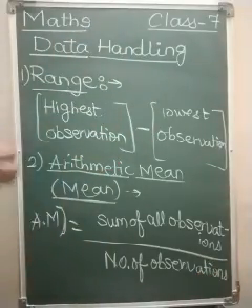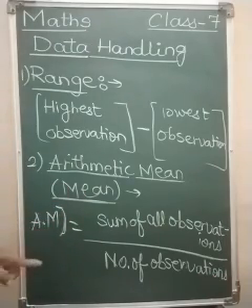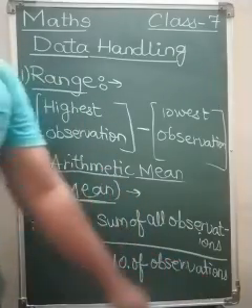So to find out the average marks or the average of the data, we find out the arithmetic mean, that is sum of all observations divided by number of observations.